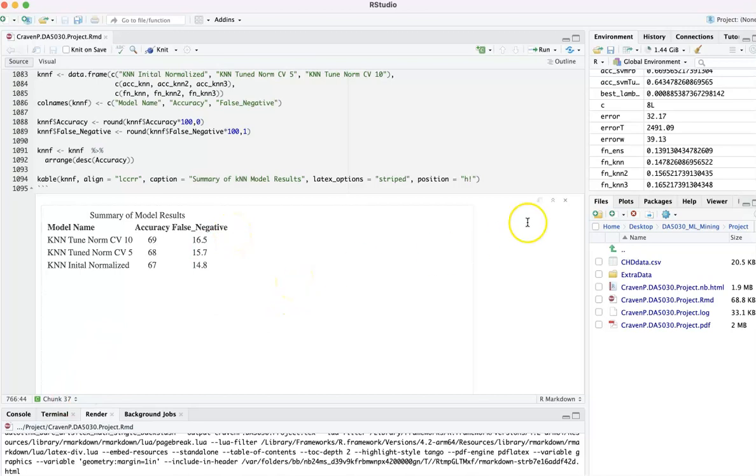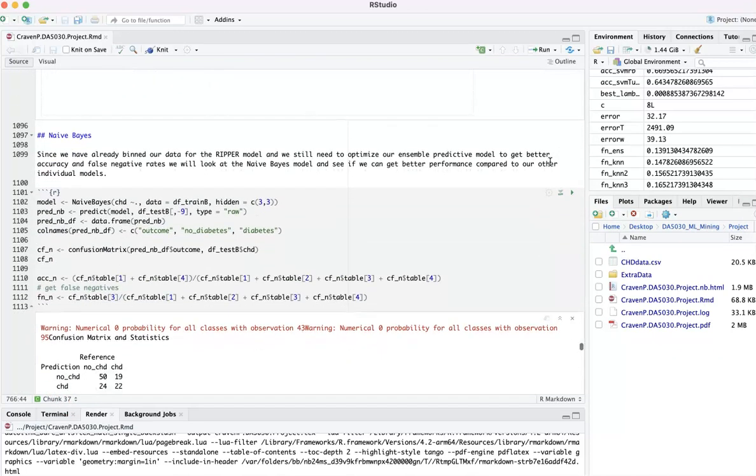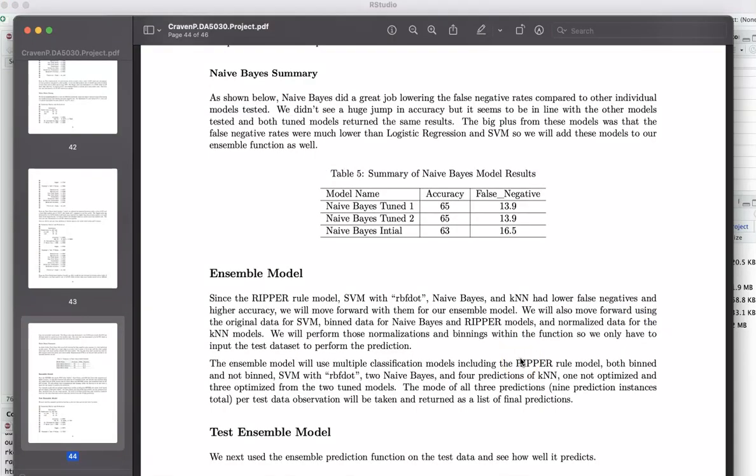So the last model that I looked at was naive Bayes. I'm just going to jump to my PDF. My naive Bayes, I ran with the binned data only, and as you can see here, the initial basic run of the naive Bayes gave 63% accuracy, but a pretty low false negative rate.